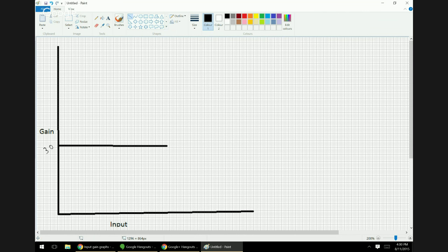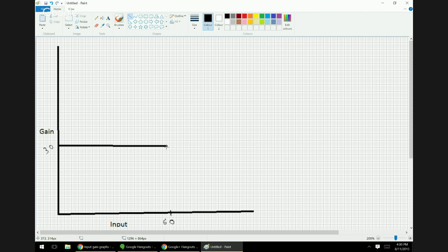Now, next we've got a section which has compression, right? Just a standard input compression, sort of like a 2-to-1 compression. So from some point, let's call it 60 dB, let's say the hearing aid goes into 2-to-1 compression.